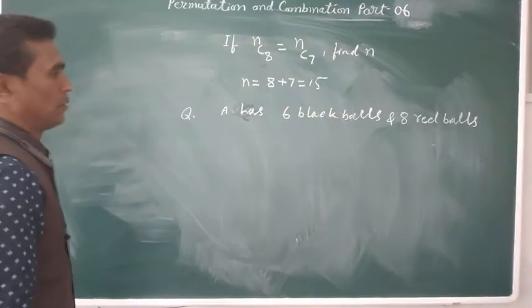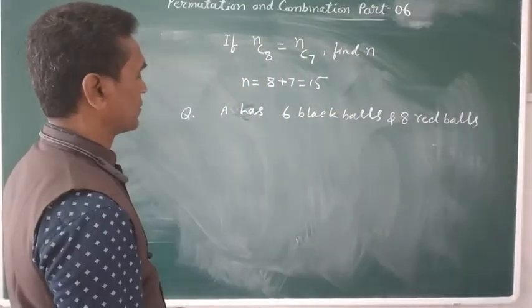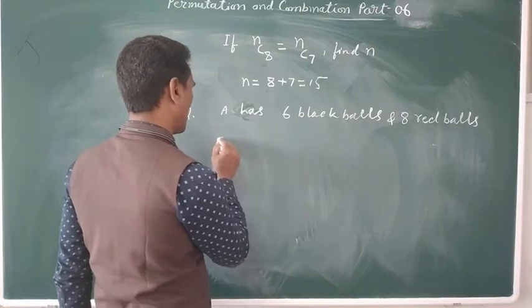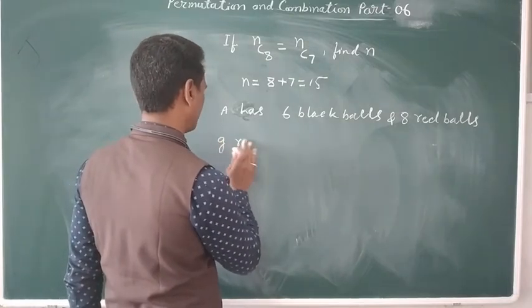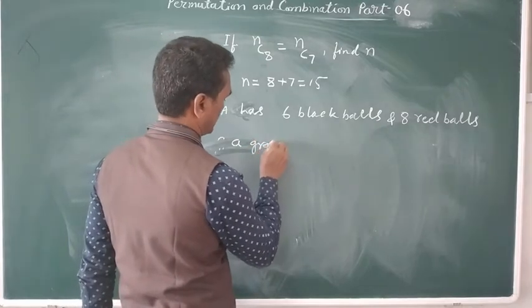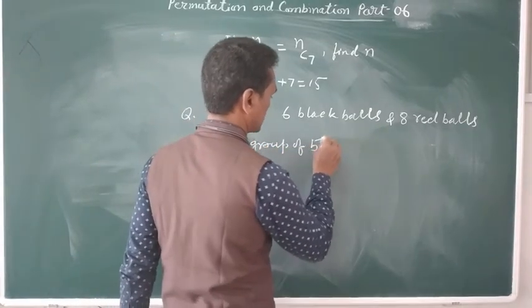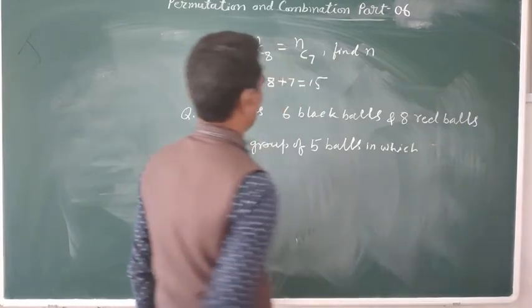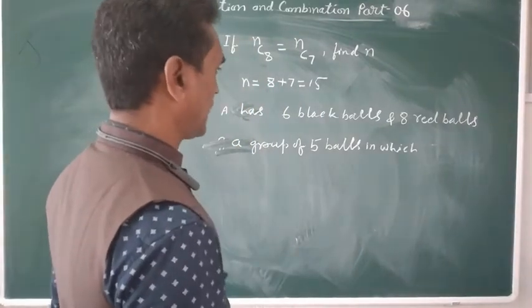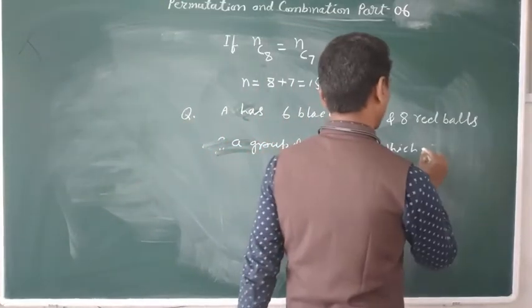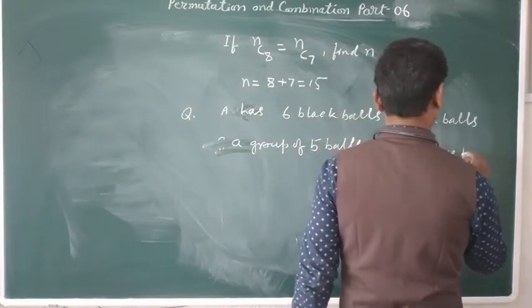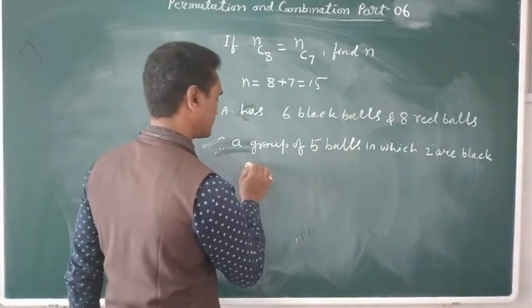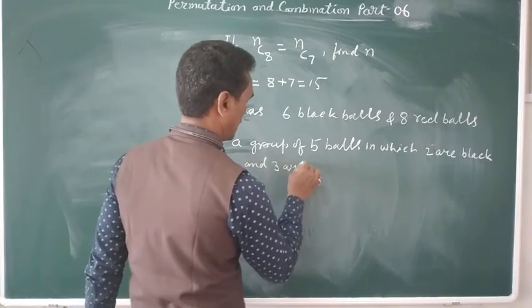Now how many ways can we select a group of 5 balls in which 2 balls are black and 3 balls are red?